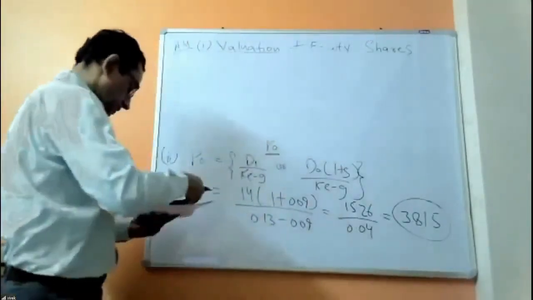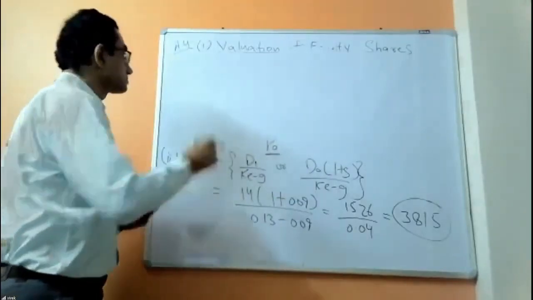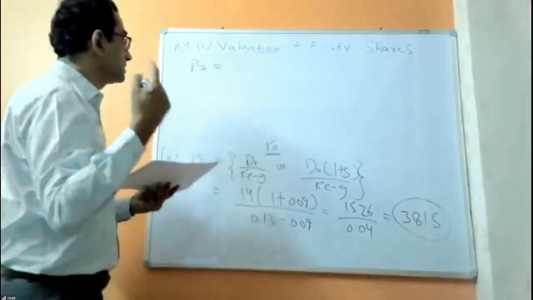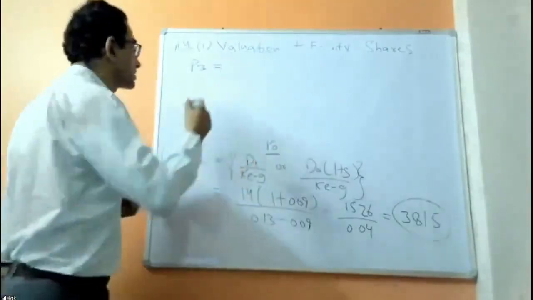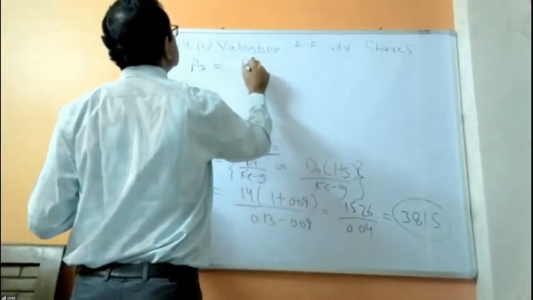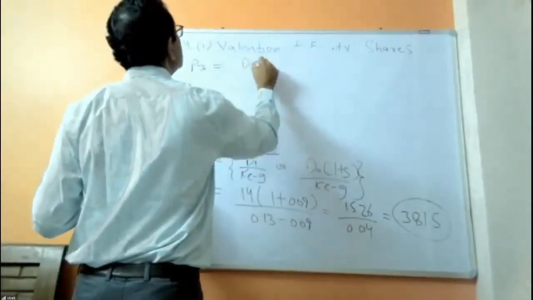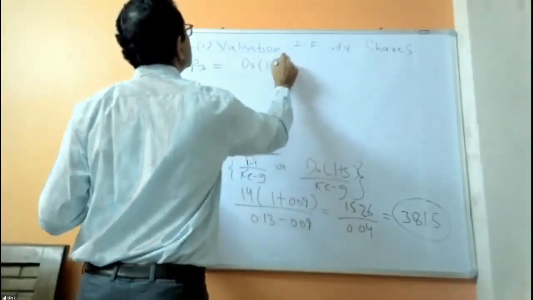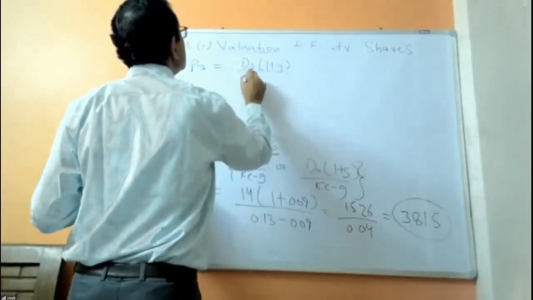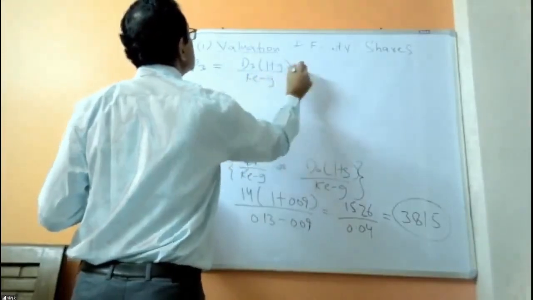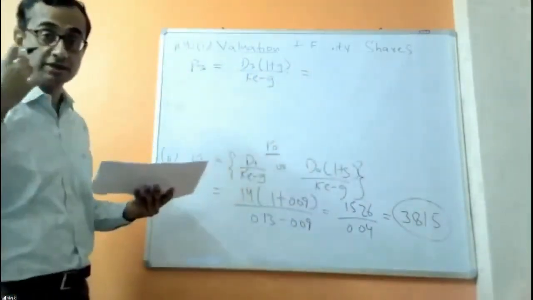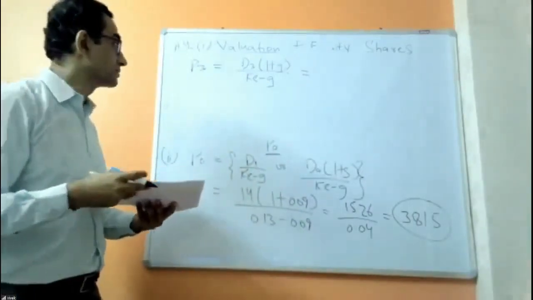So let us come to the third part. P3, price at the beginning of the 4th year, is actually the dividend at the end of the 3rd year multiplied by the growth rate upon KE minus G, because it has been assumed that 9% growth rate will be followed indefinitely.